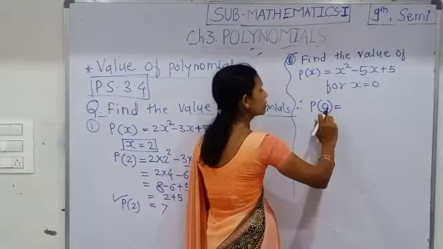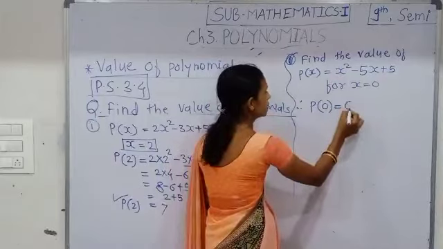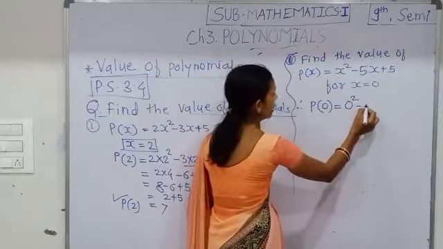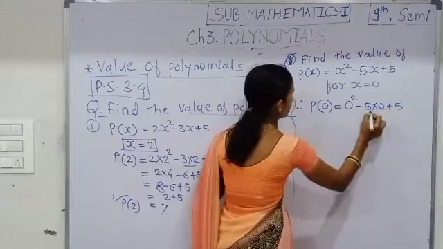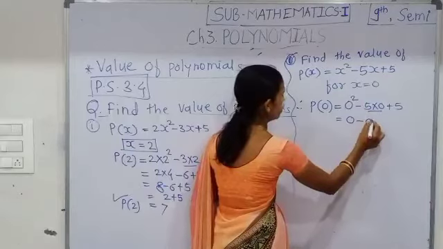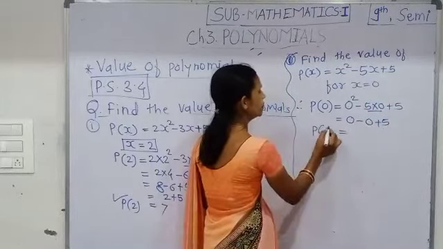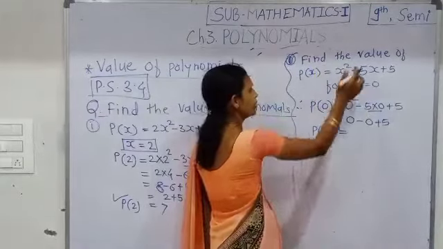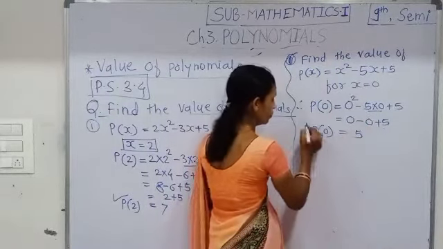Therefore we have to put the value of x, that is 0 square minus 5 into 0 plus 5. Then 0 square is 0, minus 5 into 0 is 0, plus 5. Therefore we get p(0), the value of this polynomial, that is 0 minus 0 plus 5, that is 5.